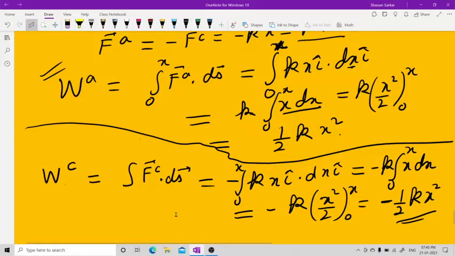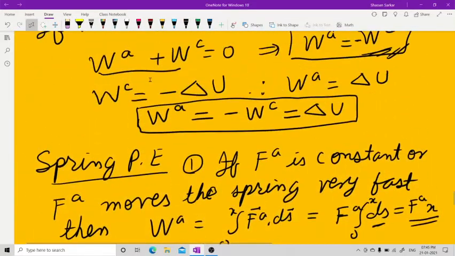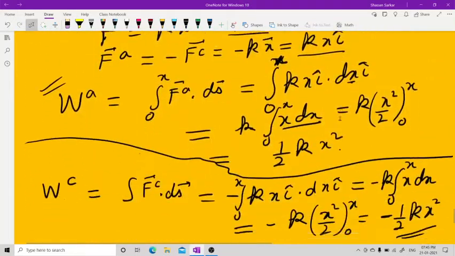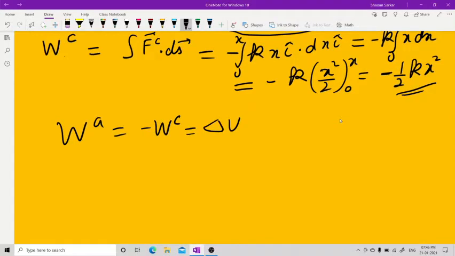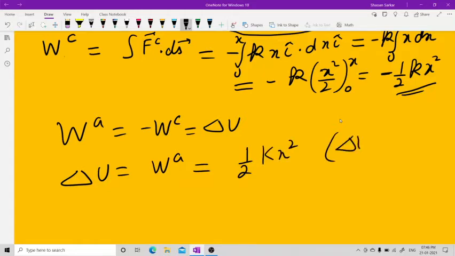Now, according to this very important point, we will see what is potential energy, spring potential energy. Using the equation minus WC is delta U, I can use any one of them. So delta U is WA, and WA is already half kx square. In delta U, let me take U final minus U initial, where U initial is 0 and U final is this.